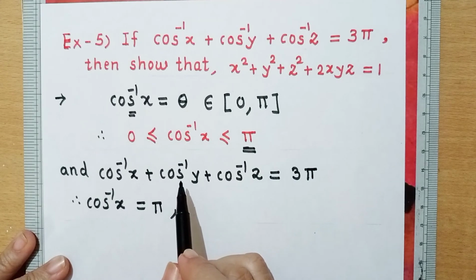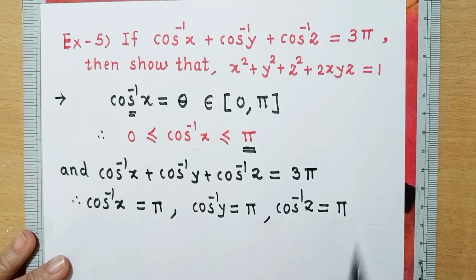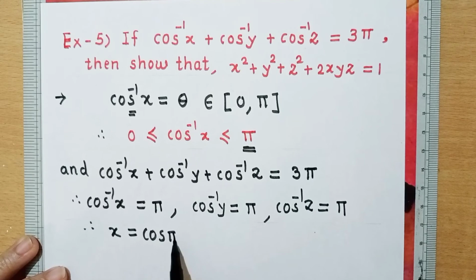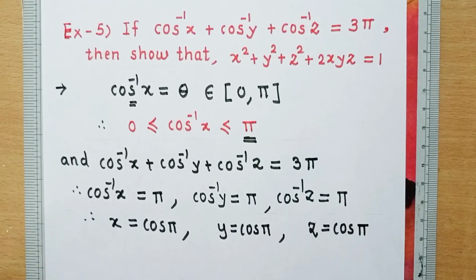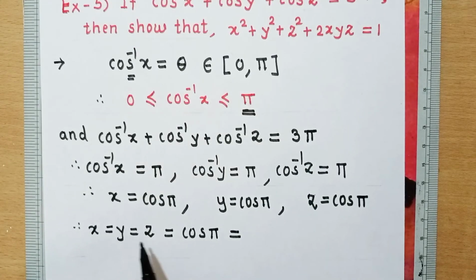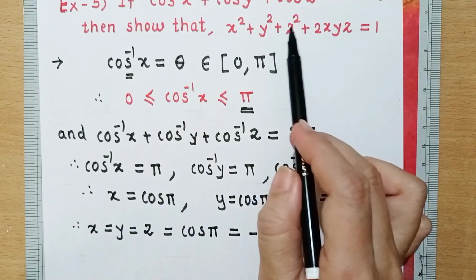Value of this function is y therefore and value of this function is pi and therefore we can write x is equal to cos of pi, y is equal to cos pi, z is equal to cos pi and so we have x equal to y equal to z is equal to cos pi and value of this is minus 1.